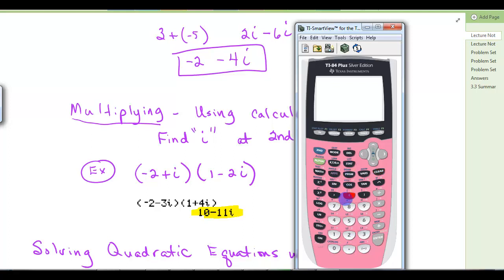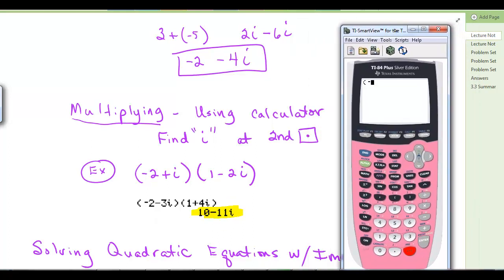Let's do this one. -2 plus second decimal, close parentheses, open parentheses, 1 minus 2 second decimal, close parentheses, enter, and our answer would be simply 5i.